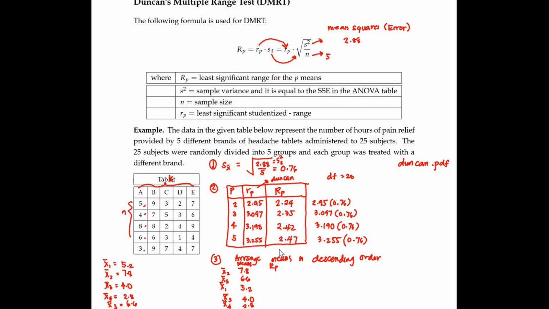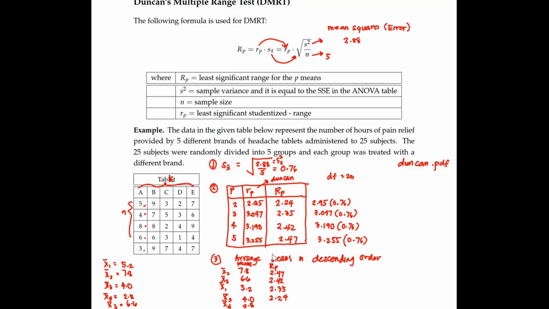So we have r sub p is mauna si 2.47, and then followed by 2.42, 2.35, and 2.24. Wala ni sulod diri, since 2, 3, 4, 5 raman ta. And then, ang RP na to, isupat raman ni siya. Mag-start man ta kan 2, 3, 4, and 5. So, normal niya siya nga wala ni sulod diri sa ubos.